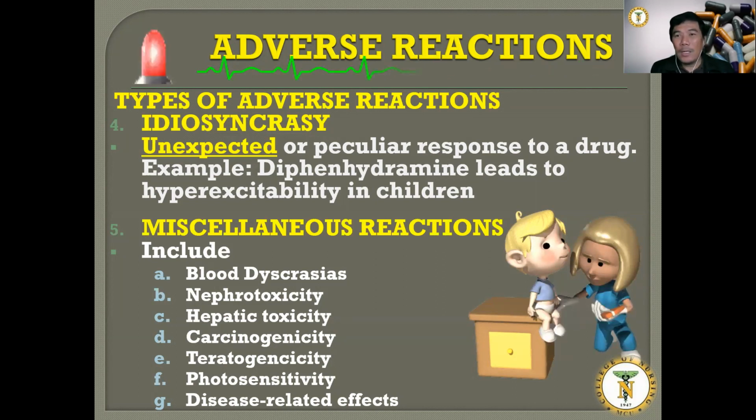So that's why it's very important to know some of the contraindicated drugs that pregnant women must know, because these are teratogenic. Photosensitivity: there are some drugs that, once taken and exposed to UV light from the sunlight, may significantly affect the effect of the drug and may cause adverse reactions.